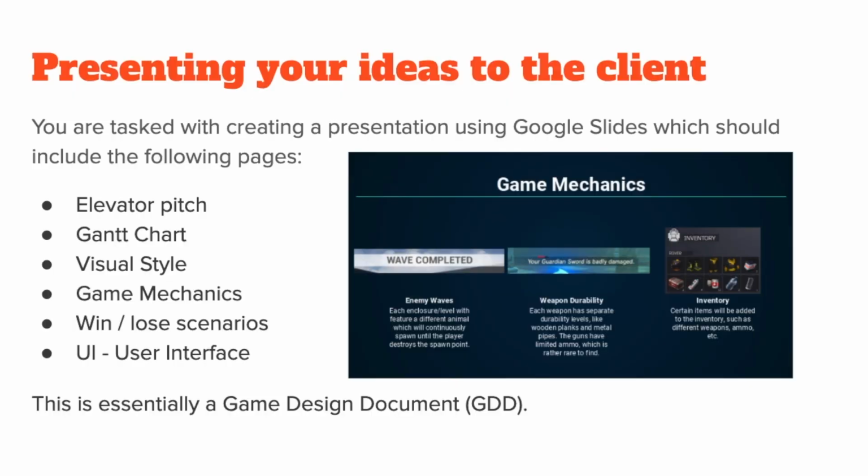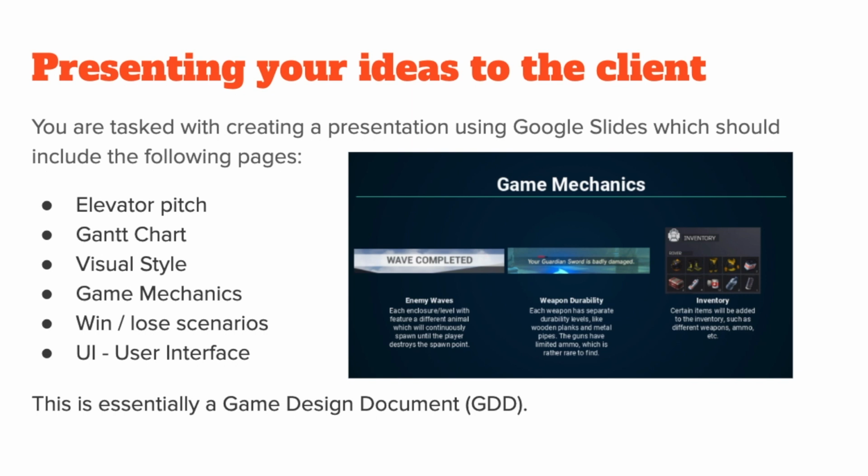So the other part of reacting to a brief is to present it to the client. So what we're going to task you with doing is making a PowerPoint presentation using Google Slides, which should have at least the following pages. So the elevator pitch, this is a kind of two-sentence description of what it is that you're making. A Gantt chart, which shows when things are being made within your time frame. And again, you can find some stuff in the documentation about how to make a Gantt chart.